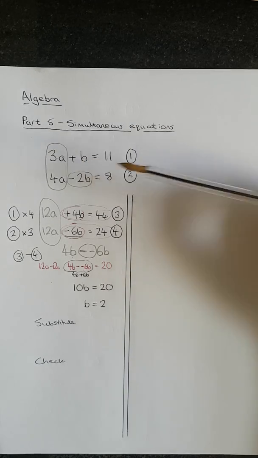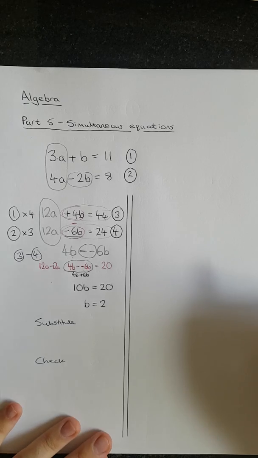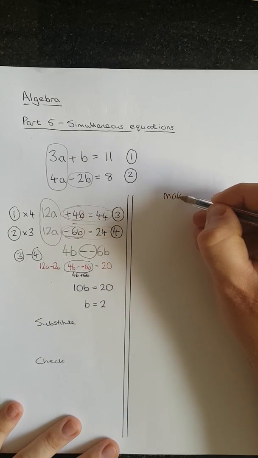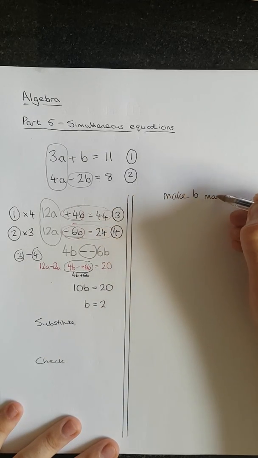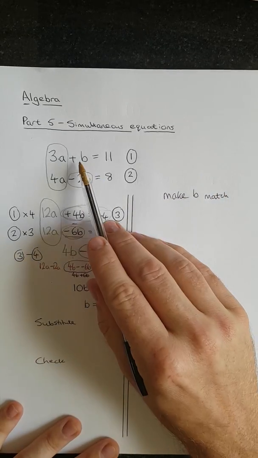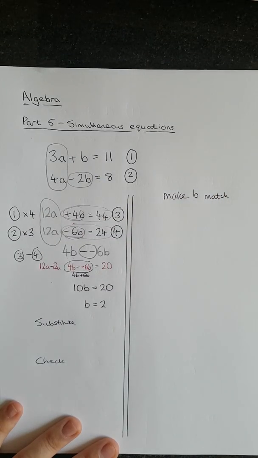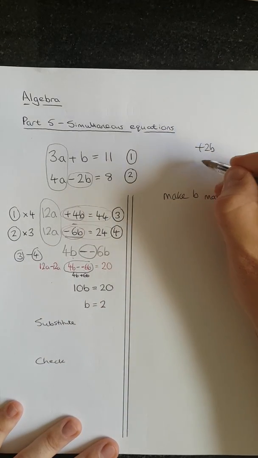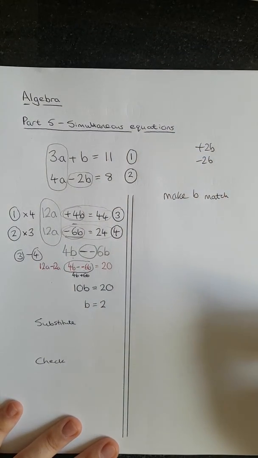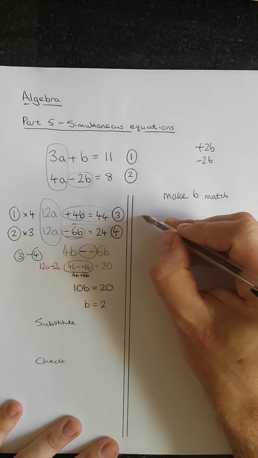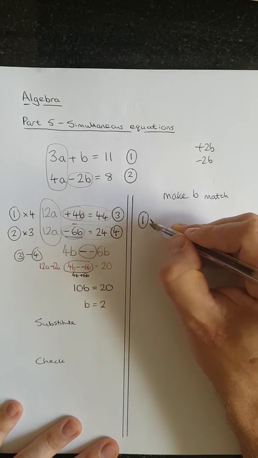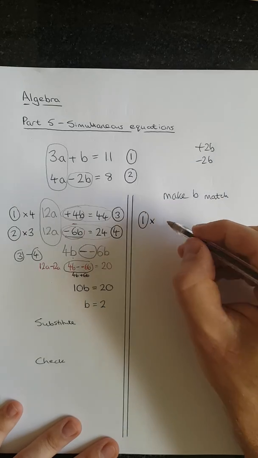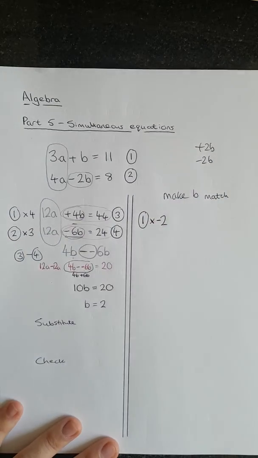We could have decided to make B match. Now if I double the first one, I'll get plus 2b. But plus 2b and minus 2b don't match. So I'm going to multiply the first equation not by 2, but by minus 2.